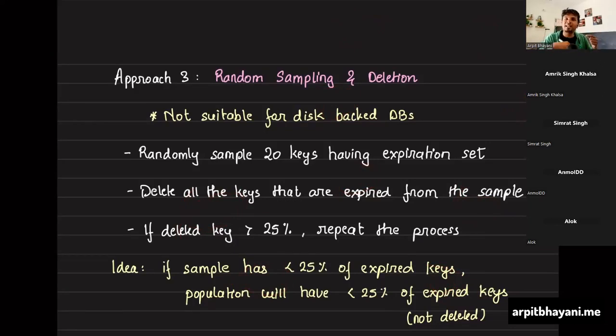In memory, you can very easily do that. On disk, you cannot. So picking up 20 keys from an on-disk database is a costly operation, because of which you should not do it, as it would be very slow. It would be much better if you just skim through the rows and delete what is expired, rather than doing this optimization. In memory, it would work just fine.